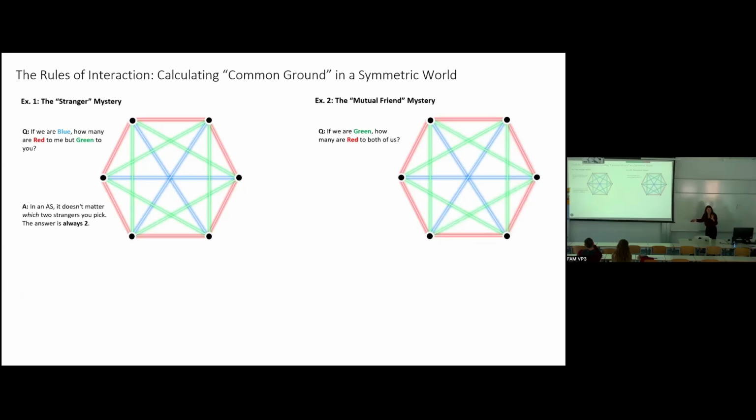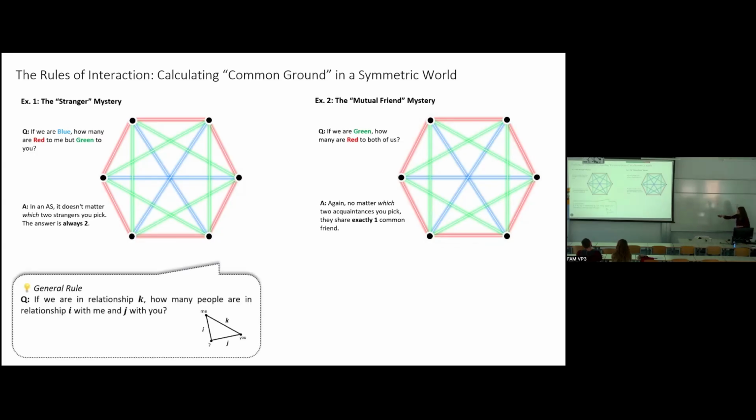Again, it's a very simple example, but this is actually what is behind the association scheme in general. This is for me the most practical way to see it. No matter which green pair we pick, we will always share just one guy. That's the general idea.